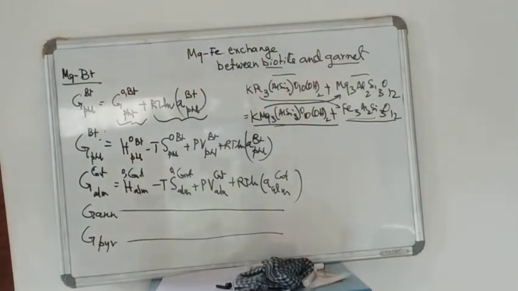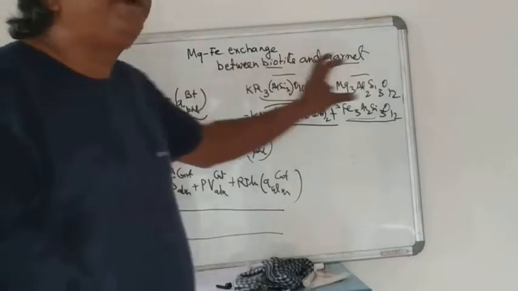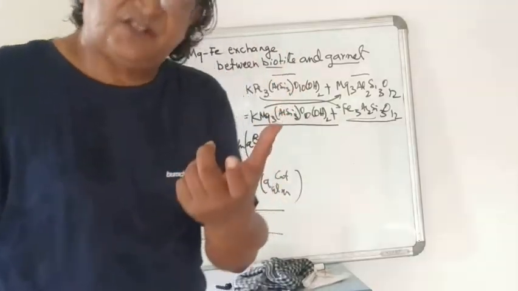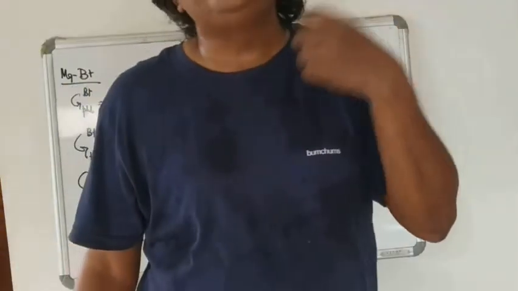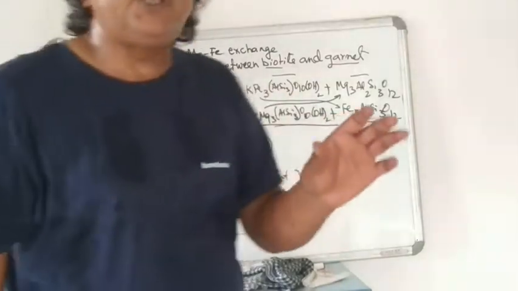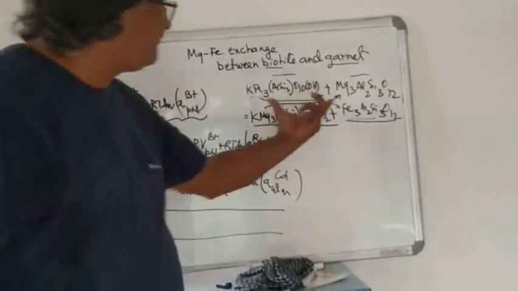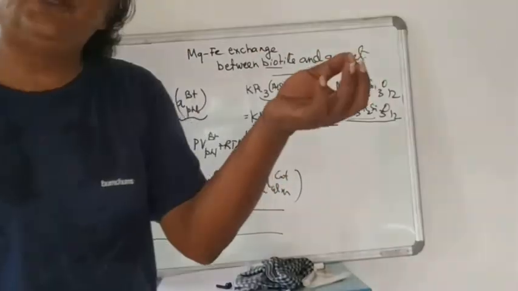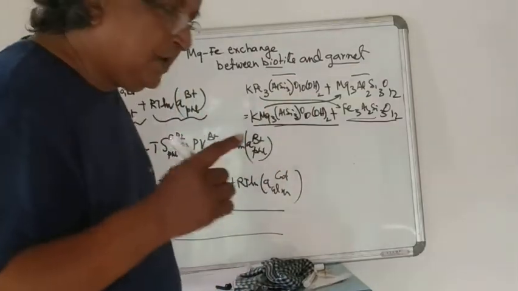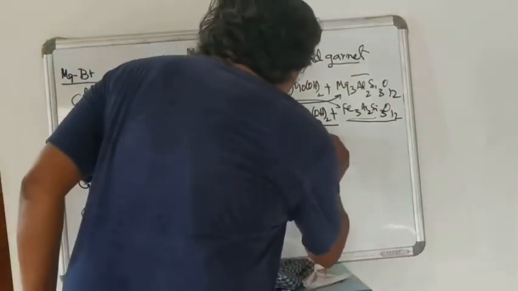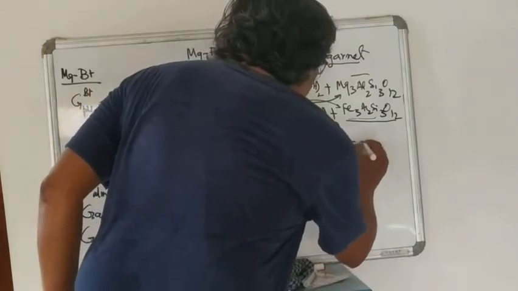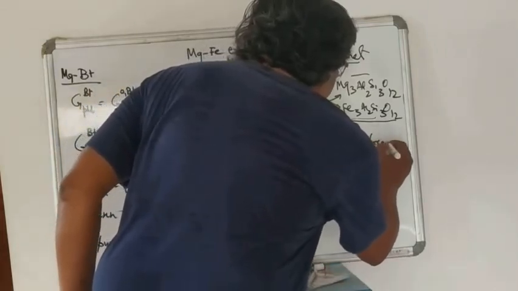Now what happens at equilibrium? At equilibrium, the free energy of the products is equal to the free energy of the reactants. Have you understood? Let me write that. So G of product is equal to G of reactant.